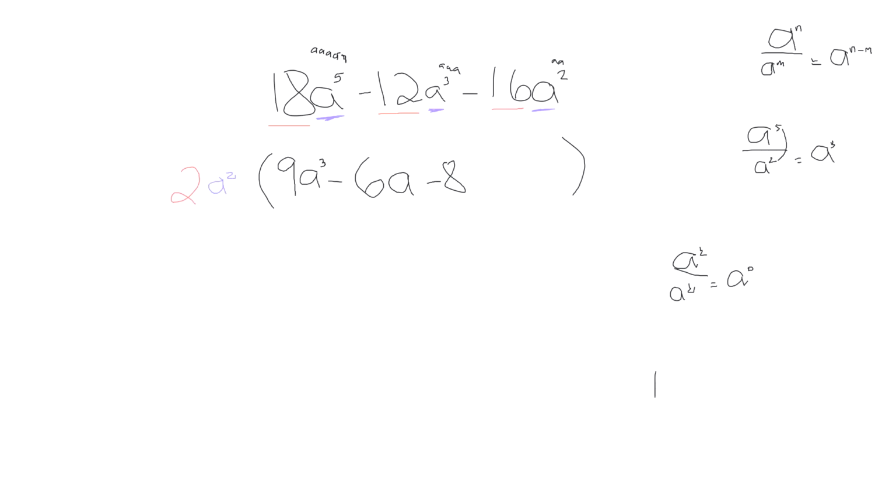I can have 14 to the 0 power equals 1. I could have 1,743 to the 0 power equals 1. I have a to the 0 power, it equals 1. So that's 8 times 1, which is just going to leave me with the 8.